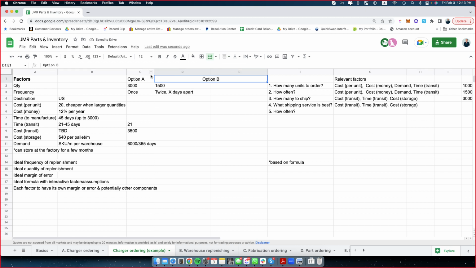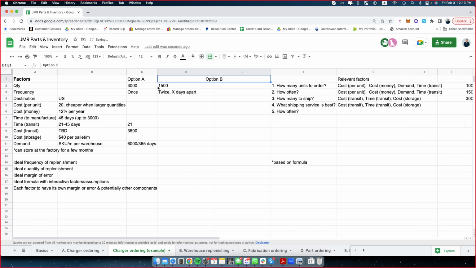In the situation we're in right now, we need our chargers there ASAP. Because we need the delivery as soon as possible, if we go with option A, we'll have to ship all of them express.